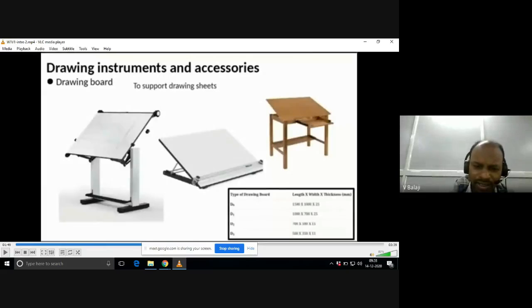However, we are not interested in all those things, but you need to know basics, like it is slant. A drawing board must be some slant, it is inclined. In our ordinary house, tables are flat tables, right? But engineering drawing boards have some inclination.